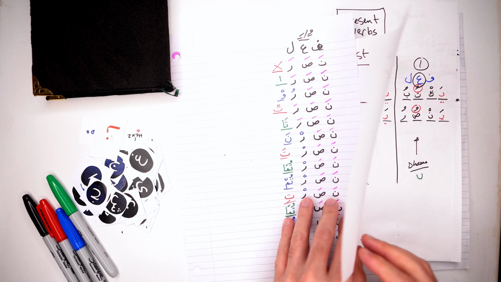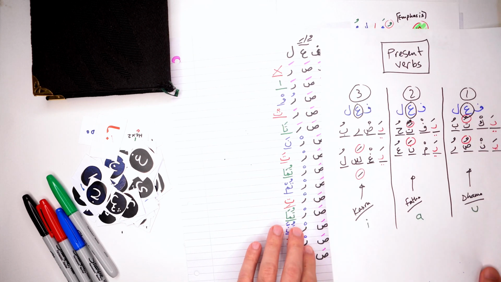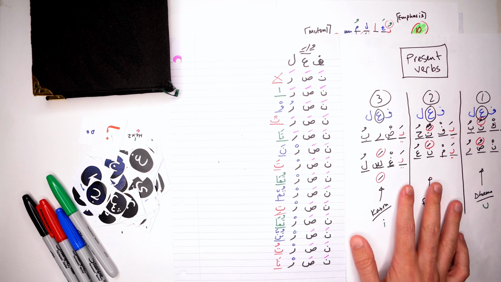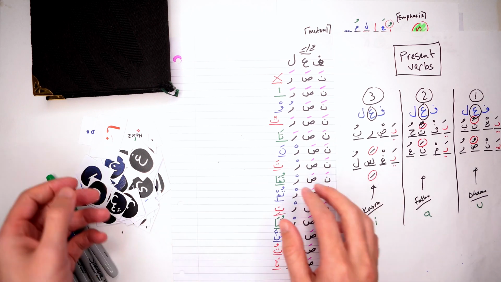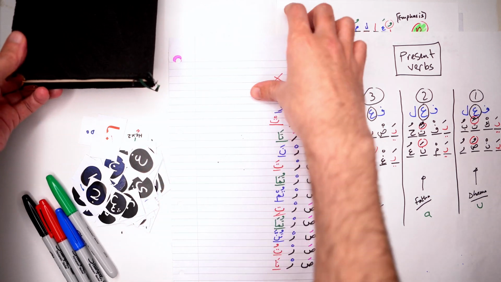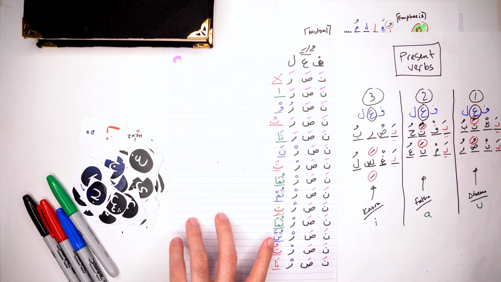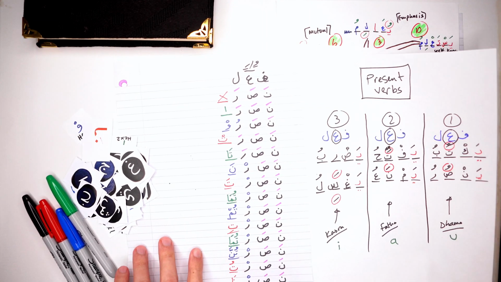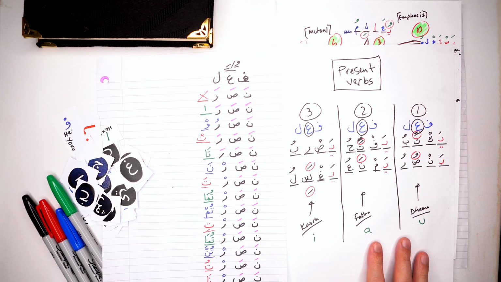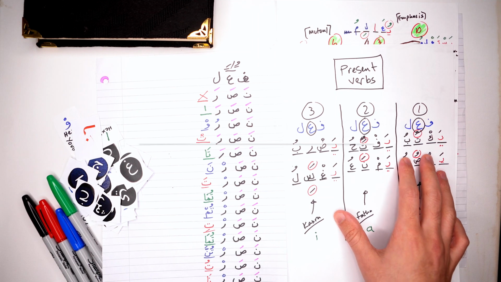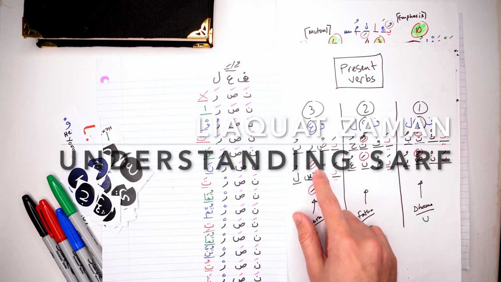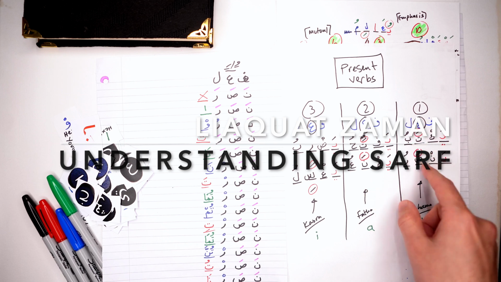So if you remember, we made one of these for present verbs, right? Let me just move this a bit over here. So this is for present verbs, and this is for past verbs. As you can see, we mentioned that present verbs actually have three different forms in the sense of the ayn kalima.